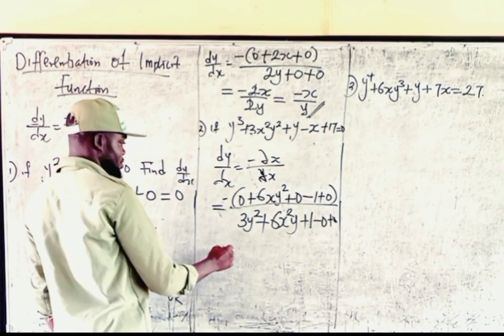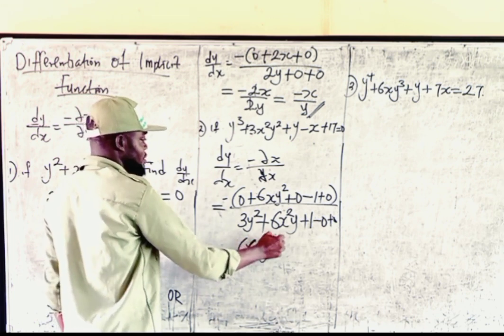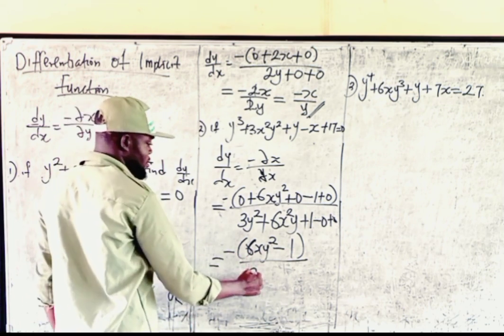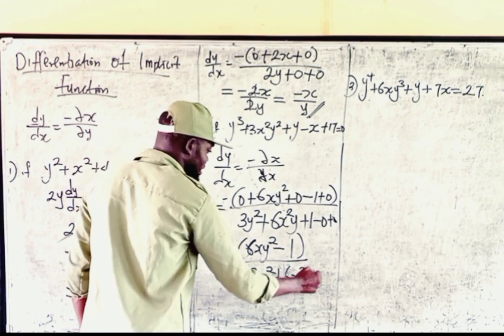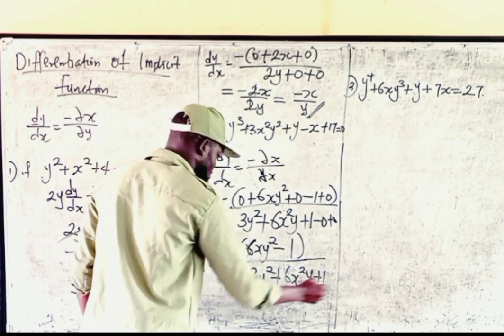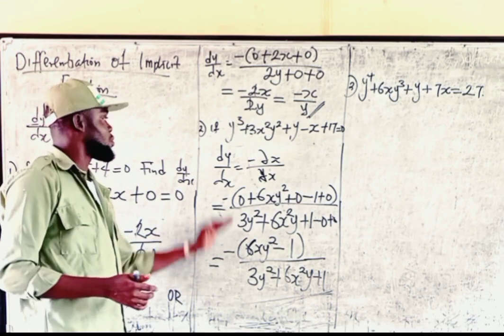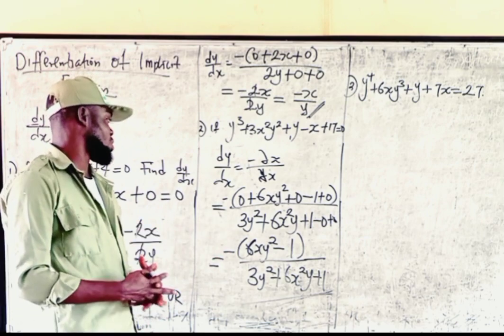So everything will now be minus 6xy squared minus 1 over 3y squared plus 6x squared y plus 1. So this will be our final answer. So from here to here, there is a solution, and it's actually a shortcut.